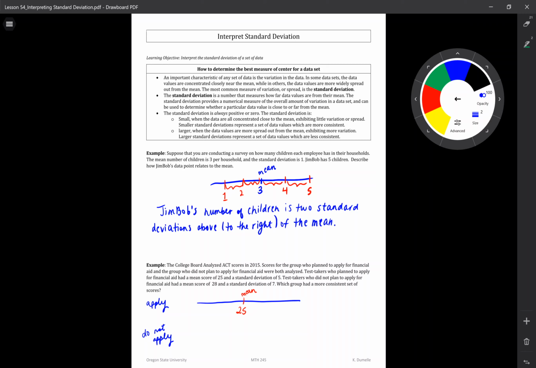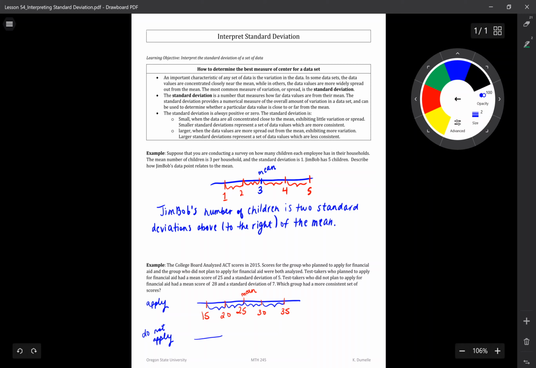So if I go 1 standard deviation away, I am at 30. If I go 2 standard deviations away, I am at 35. If I go 1 standard deviation below, I'm at 20. If I go 2 standard deviations below, I'm at 15. So this is the spread of data for those who apply for financial aid.